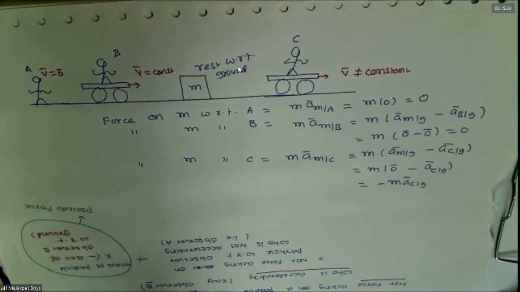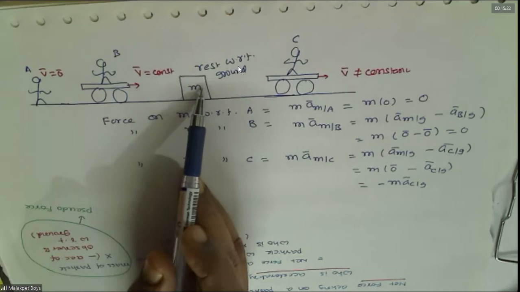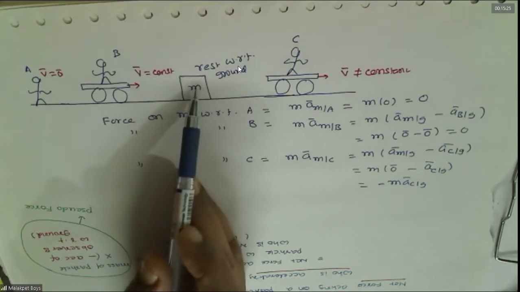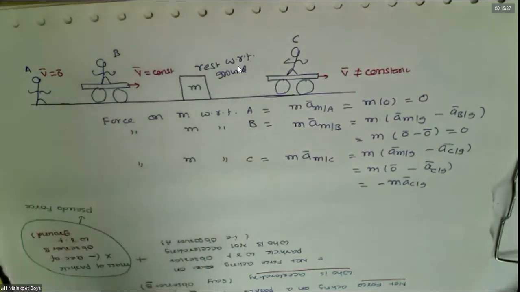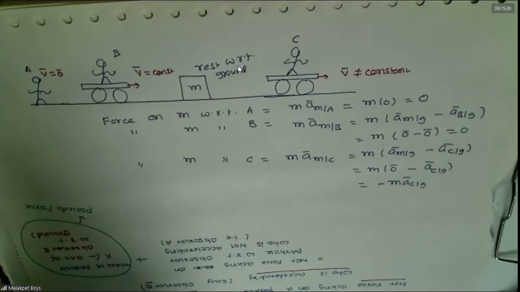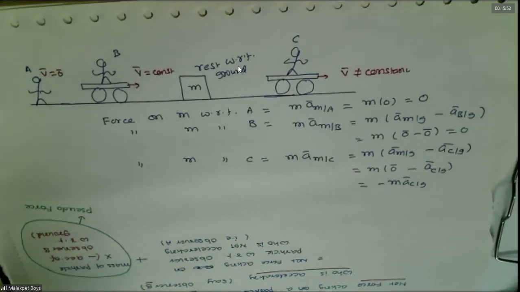So a reference frame in which a free particle, meaning force is 0, is at rest with respect to a frame, then we call it an inertial reference frame. Any doubt in this? No, sir.